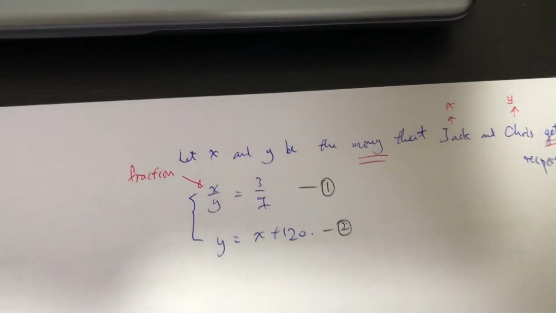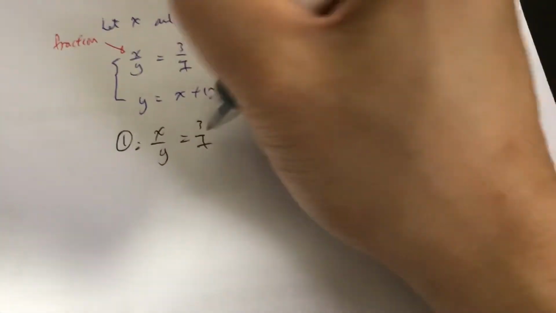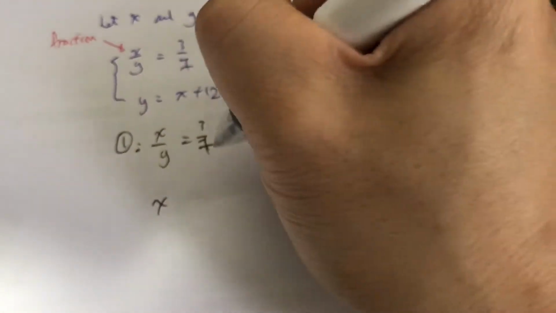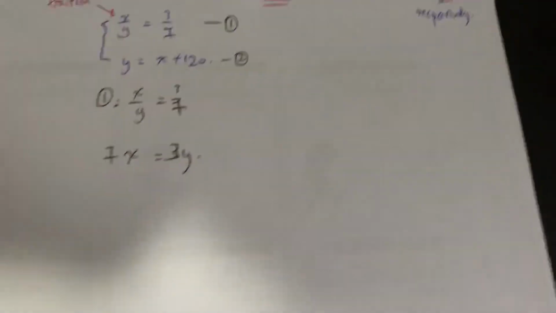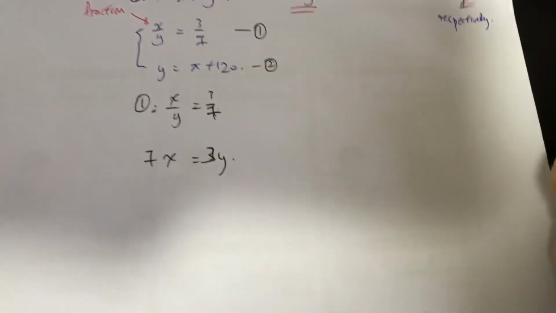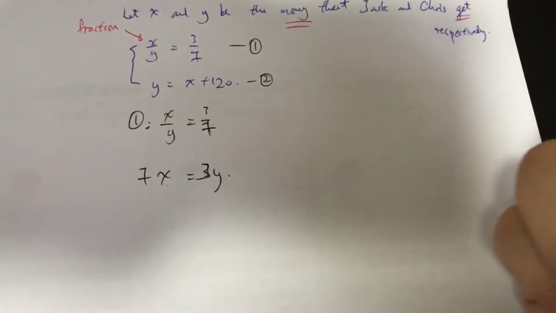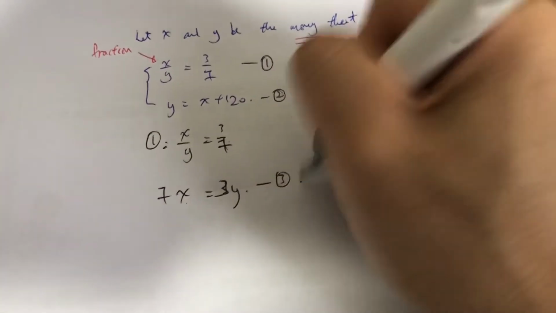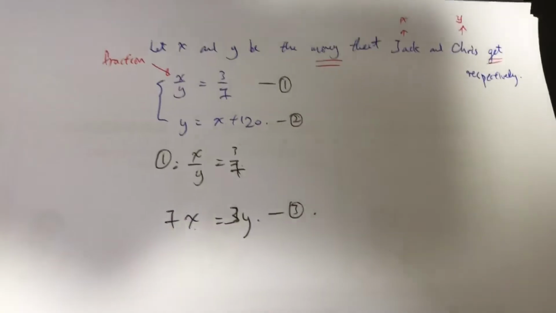So we may try to change it to an easier to understand form. We multiply 7 to x and y to 3, so 7x equals 3y. We say this is the third equation.